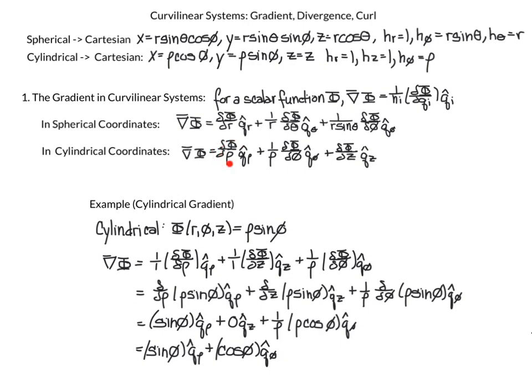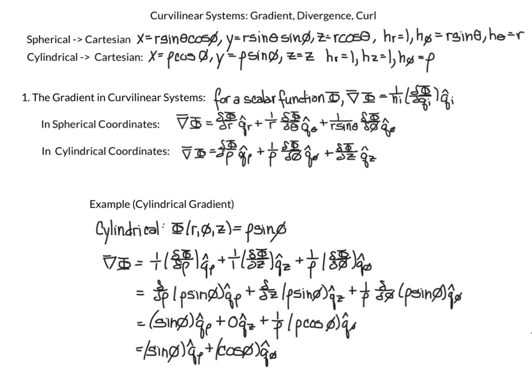So first, I need d phi d rho in the rho direction. I need d phi dz in the z direction, and then 1 over rho d phi d phi in the phi direction.